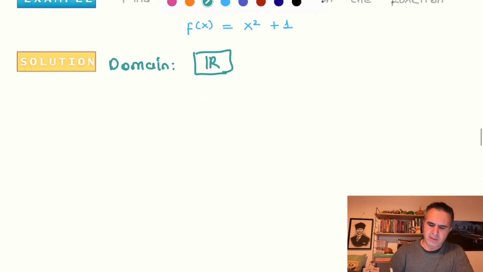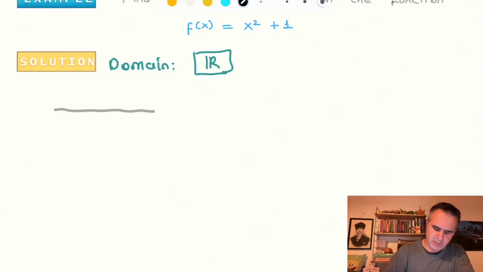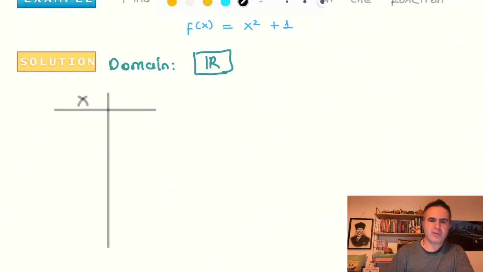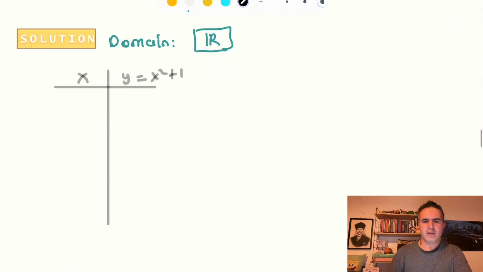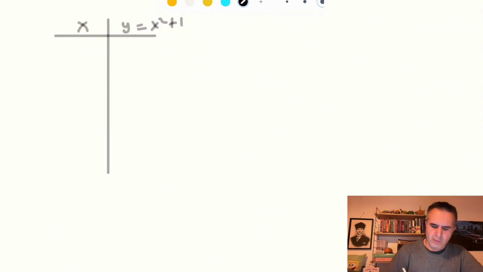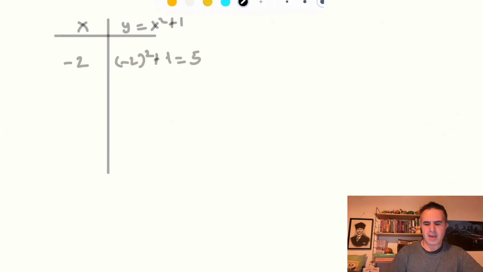And let's make a chart for the function. X values here and y values, y equals x squared plus 1, here. For x equals minus 2, y becomes minus 2 squared plus 1 equals 5.